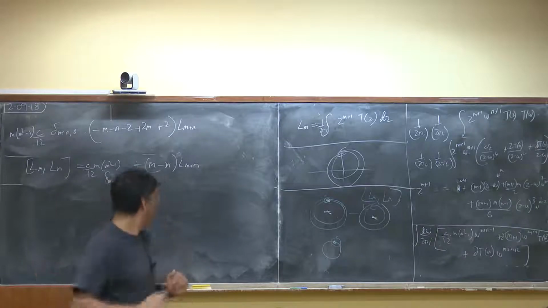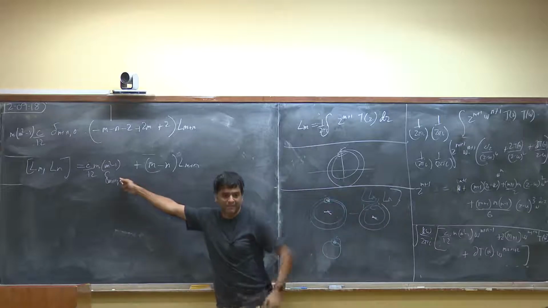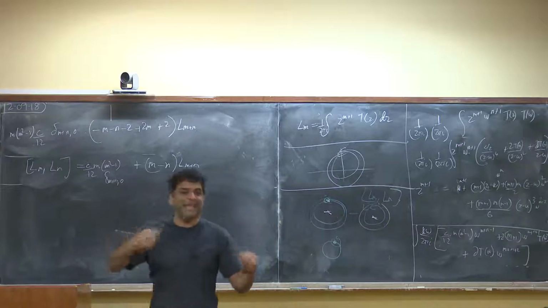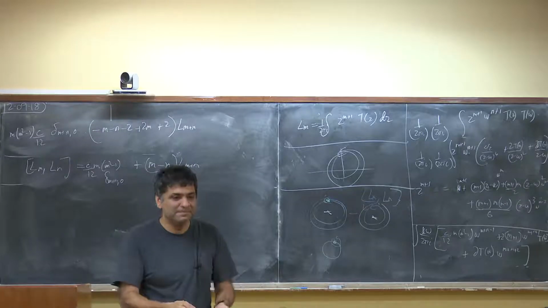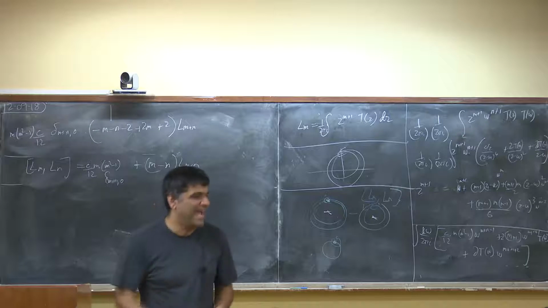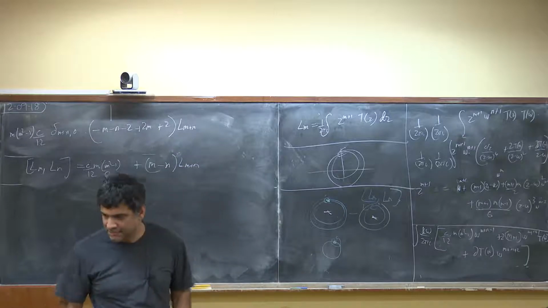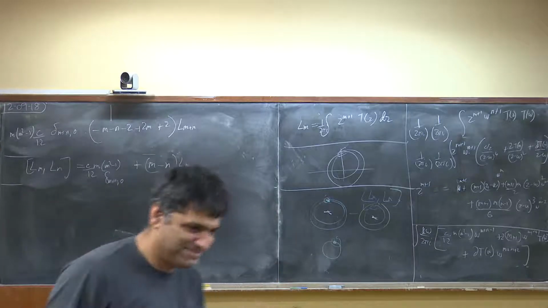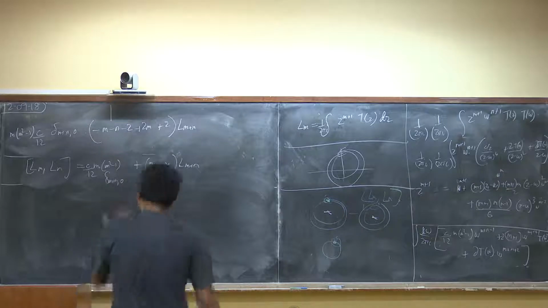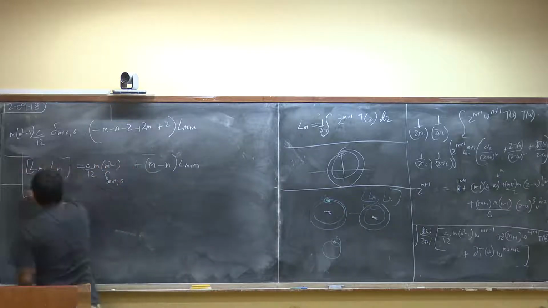And this algebra is the same as the algebra we computed last time in terms of L f and L g. If you plug f equal to z to the power m plus 1 and g equal to z to the power n plus 1, you'll recover this algebra. I just want to do it once again in language that you might see. That's sometimes useful. This algebra is called the Virasoro algebra.